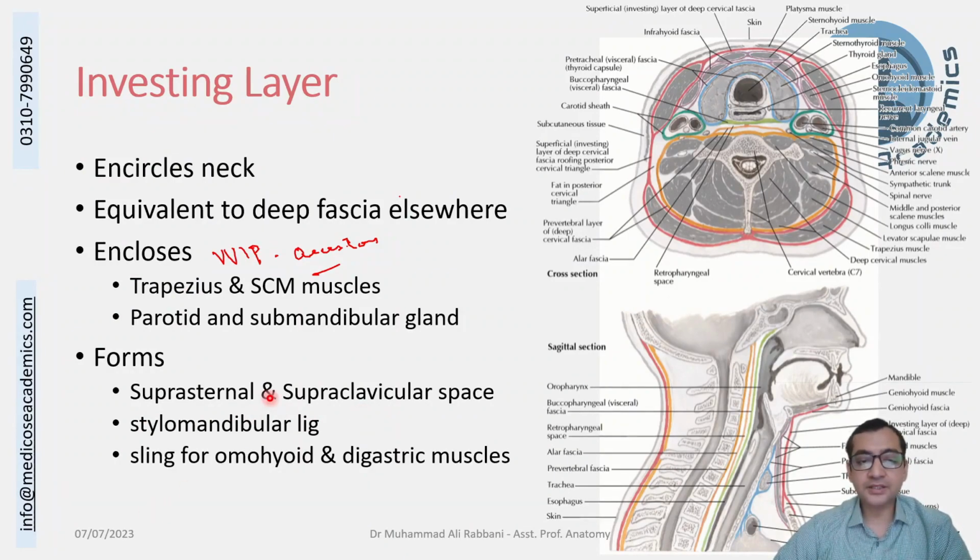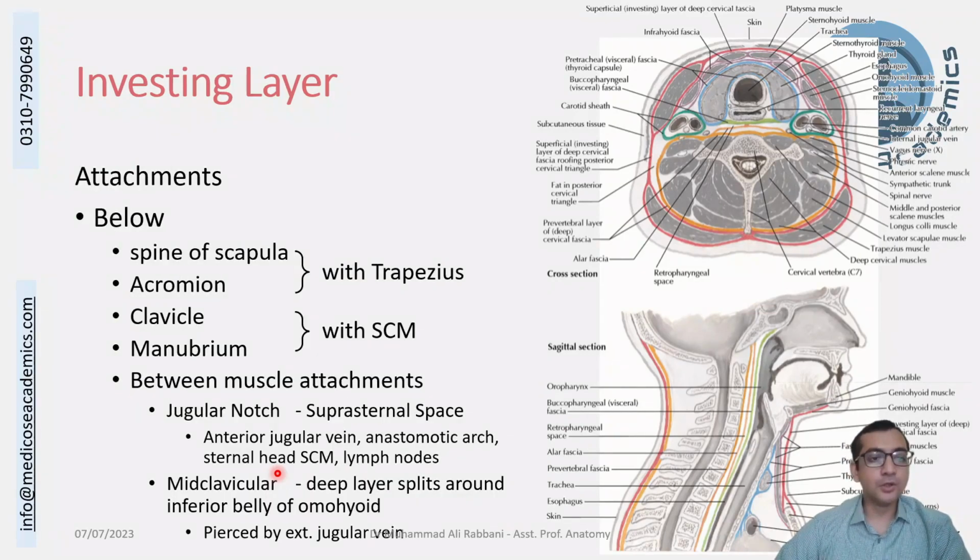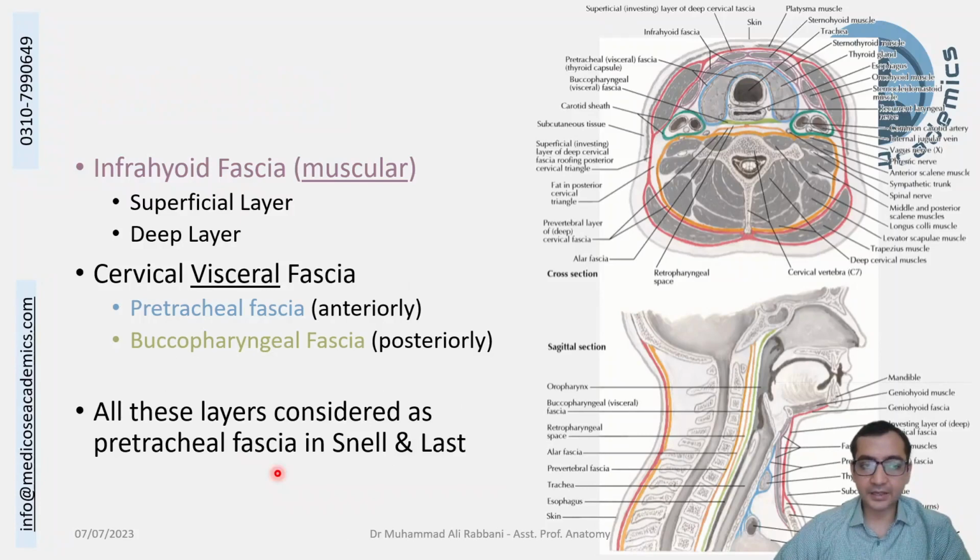It forms the stylomandibular ligament, and it forms the sling for the two muscle pulleys that we discussed in the first lecture of the neck: the one between the two bellies of digastric, and the one between the two bellies of omohyoid. Both of these are formed by the investing layer of deep cervical fascia. So this is all about the investing layer of deep cervical fascia.